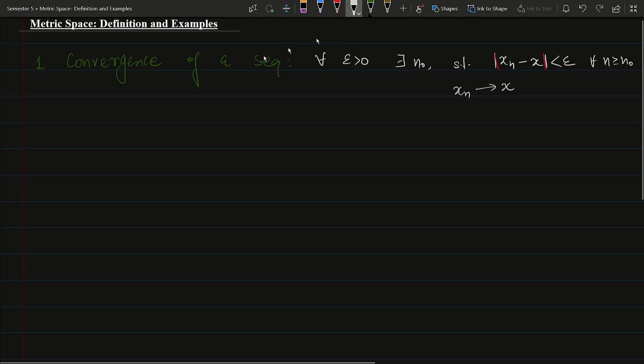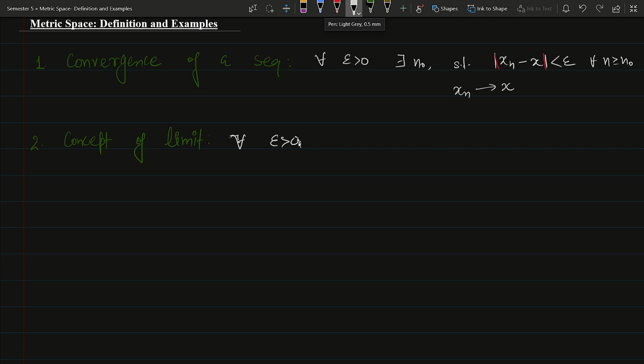Okay, now we have also discussed the concept of limit, that is, the concept of limit. When do we say that the limit exists? Okay, so we say for all epsilon positive there exists some delta positive such that, suppose I'm talking about limit of sequence.